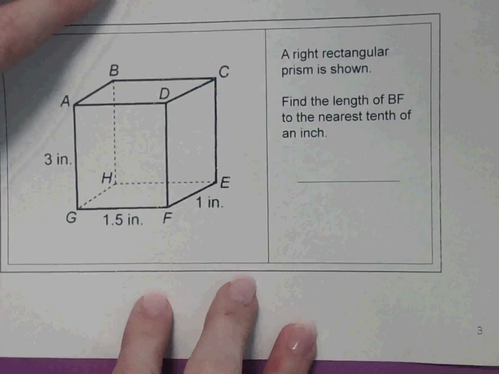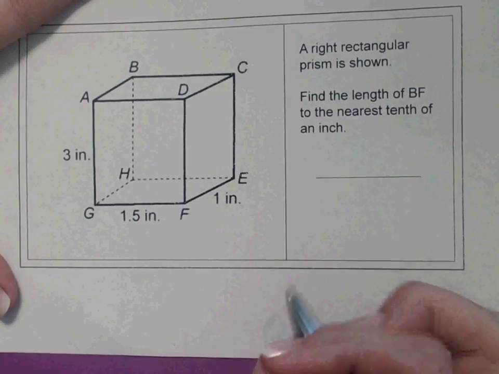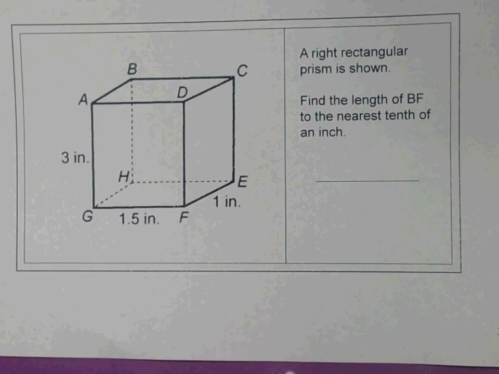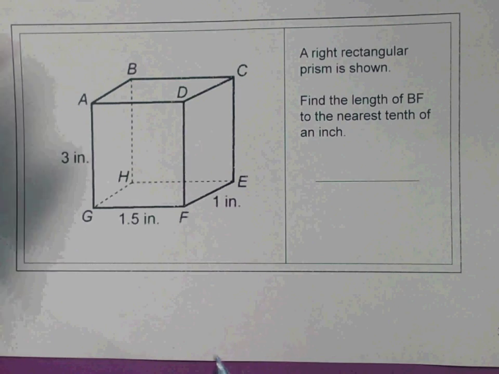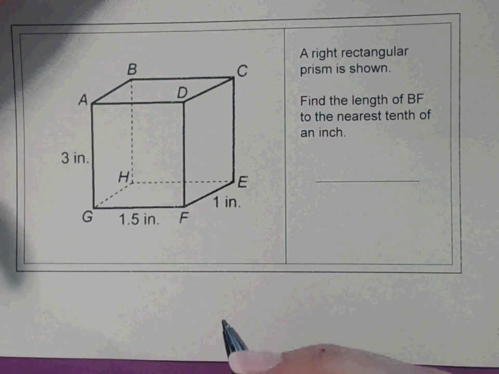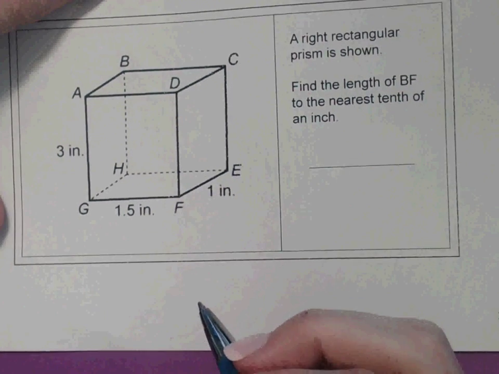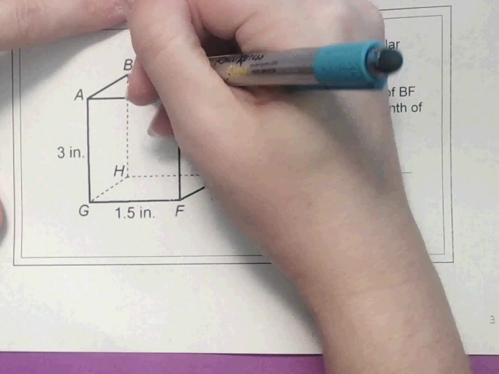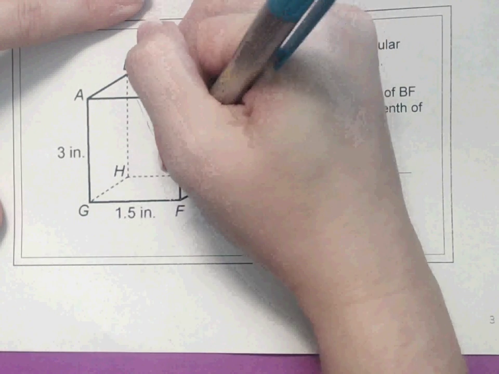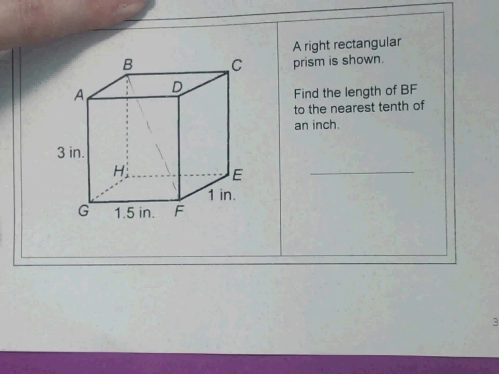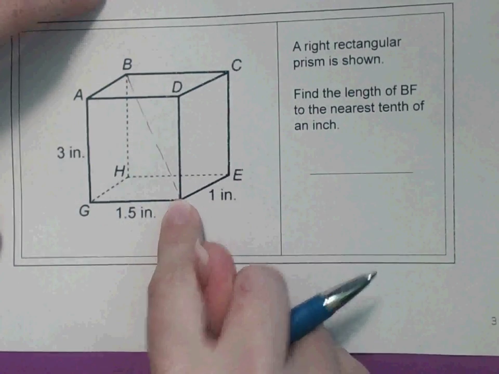Okay, this last one is a little different. It says a rectangular prism is shown. Find the length of BF to the nearest inch. So we're looking here from the back to the front.